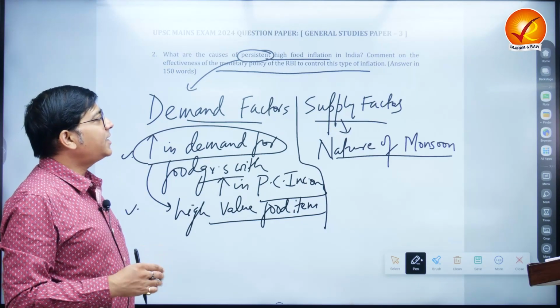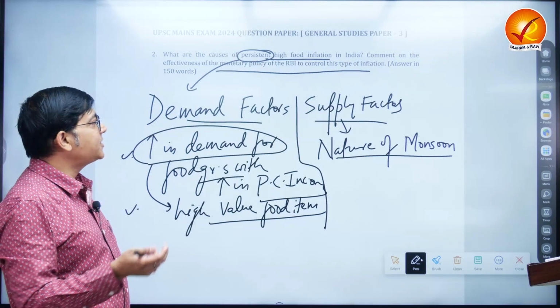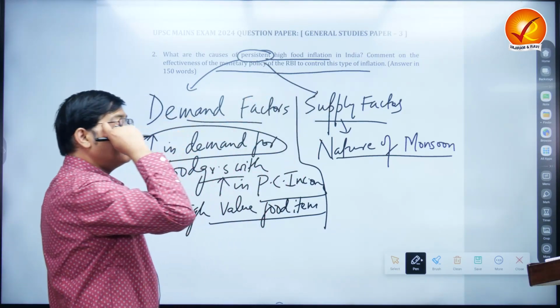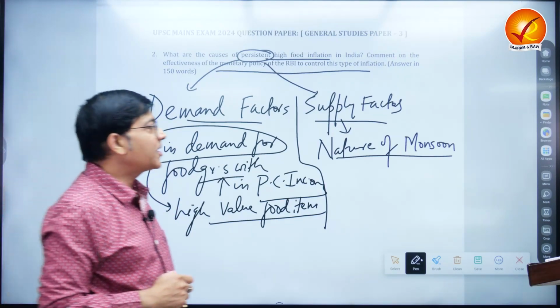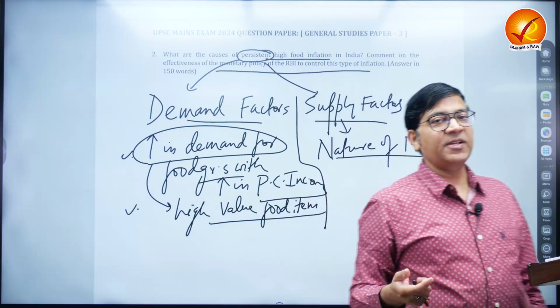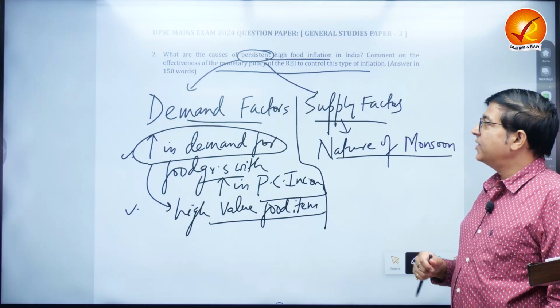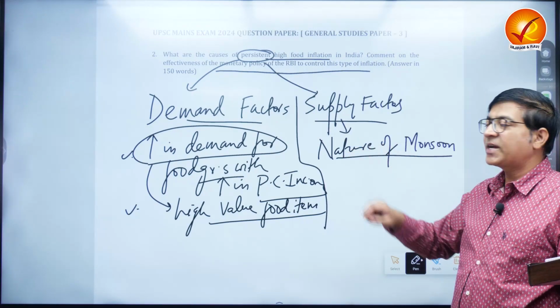Then it seems that persistently higher food inflation can be both due to demand and supply factors. But supply factors have often mattered more, because almost after a duration of a few years, we always have some drought year when the relative things don't go well for agriculture.